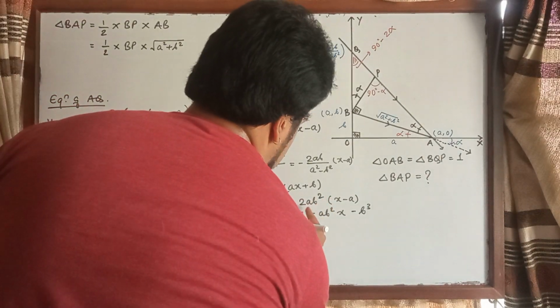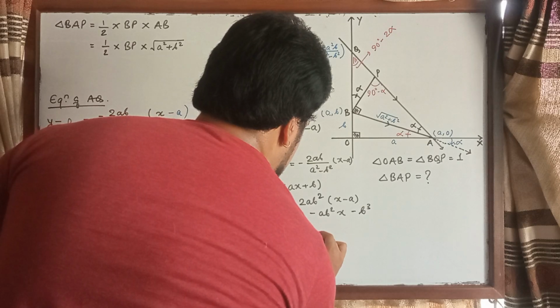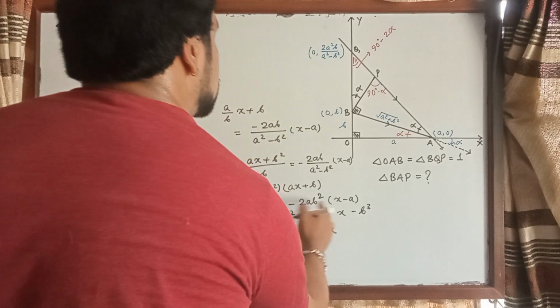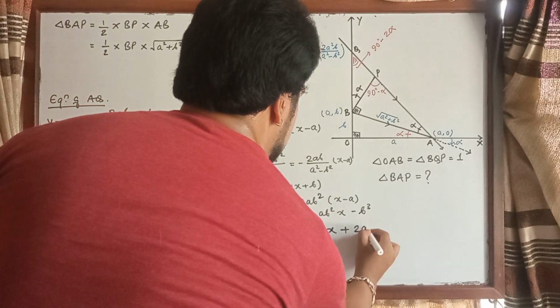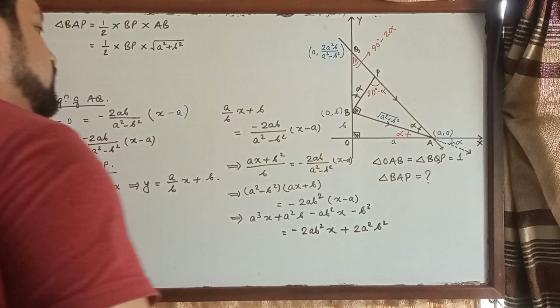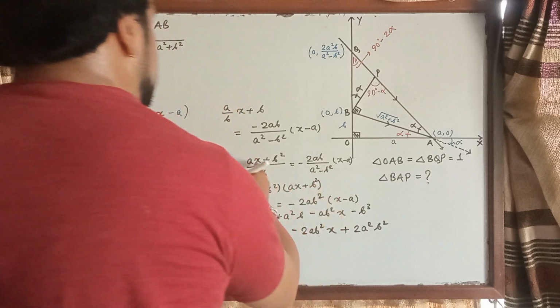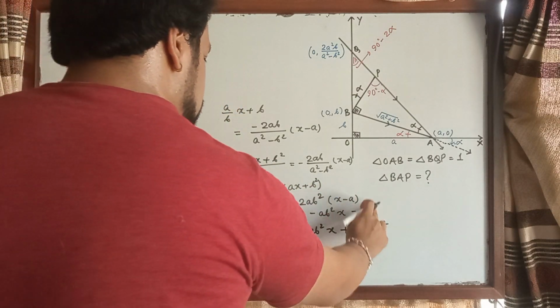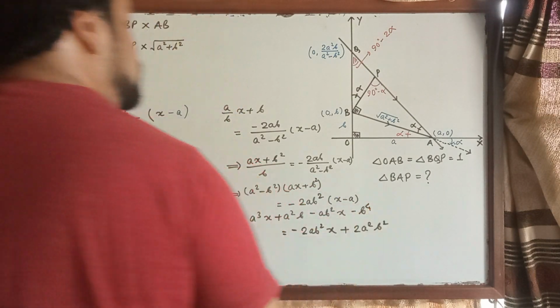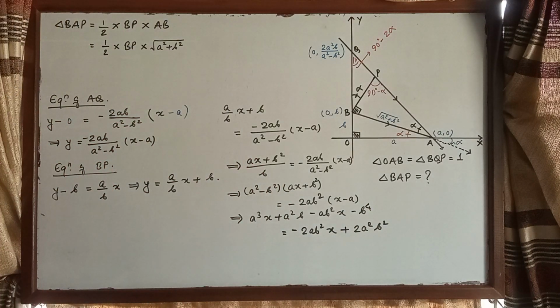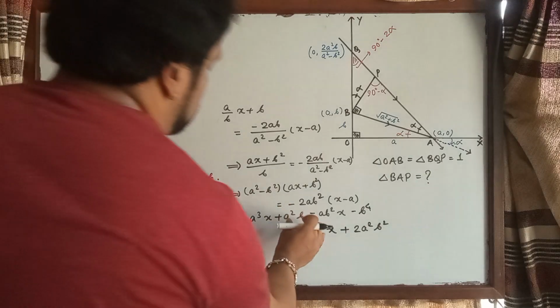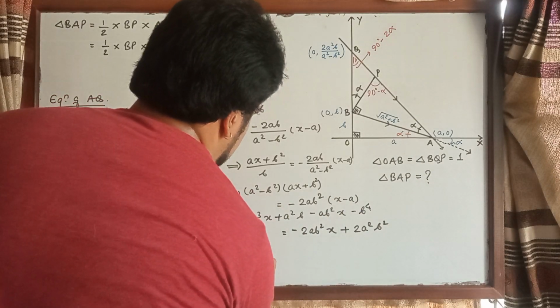Equals minus twice ab squared x plus twice a squared b squared. Ax times b squared means this will be b raised to the power 4. Now let's take all the x's to one side and all the constant terms to the other side.